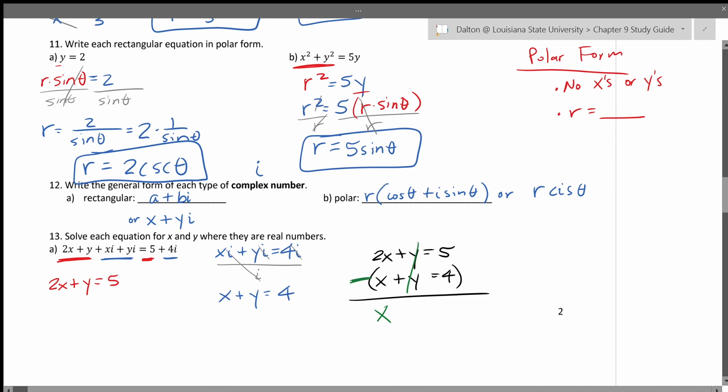Y minus y is 0, equals 5 minus 4 is 1. So there's the first part of your answer. x is equal to 1. And then when you plug 1 into either one of these other equations, if I plug x equals 1 here, then I get 1 plus y equals 4. Subtract 1 from both sides, and I end up with my second answer of y is equal to 3. So my final answer would be x equals 1 and y is equal to 3.